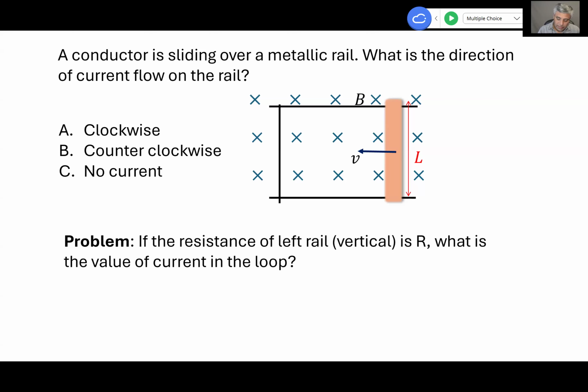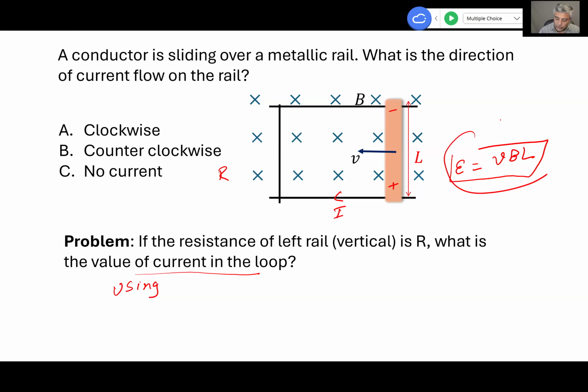So here is the problem. We learned that the EMF developed is going to be VBL. So that's the EMF developed here, and current is going to flow in that direction. If the resistance here is R, what is the value of the current?